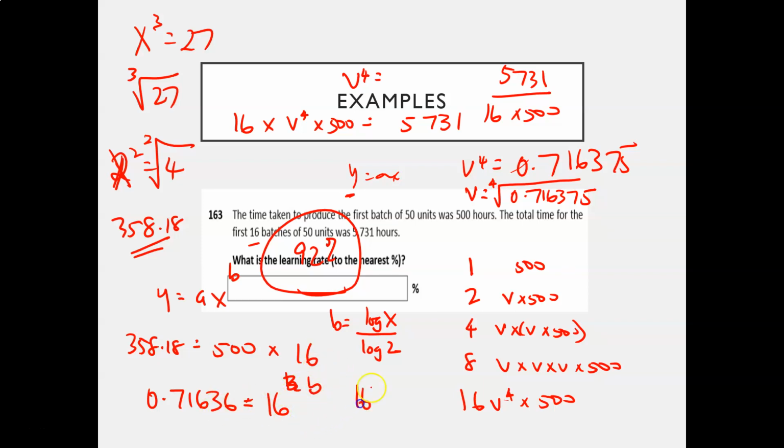So 16 raised to the power of b is equal to 0.716, and I need to find b. That's the bit that I'm slightly stuck on from a math point of view. But it's very doable. I just need to get my calculator out and see how one plays with that.